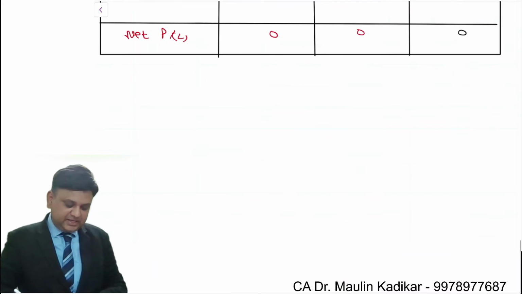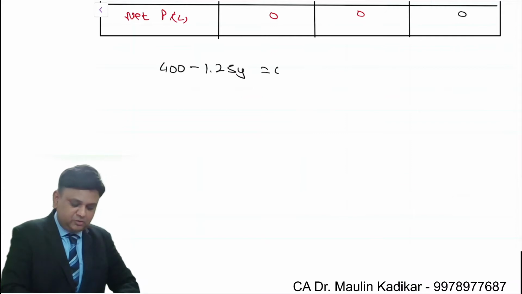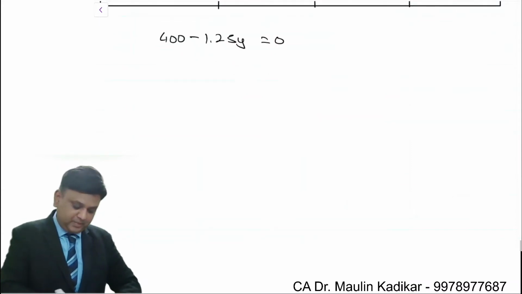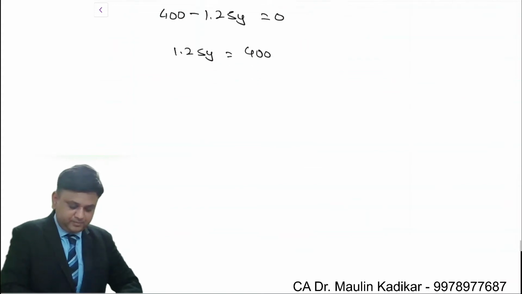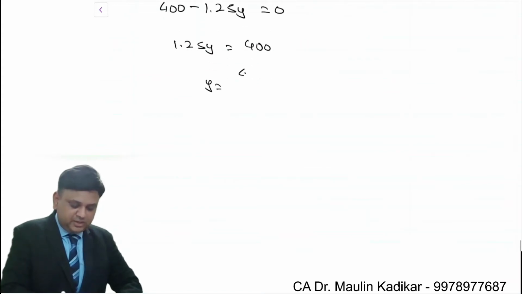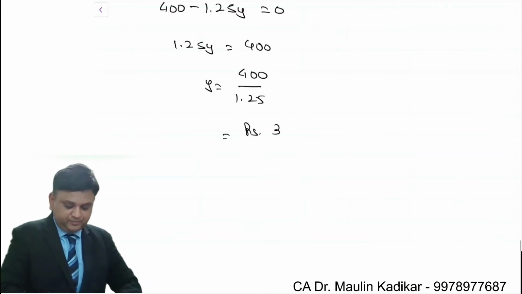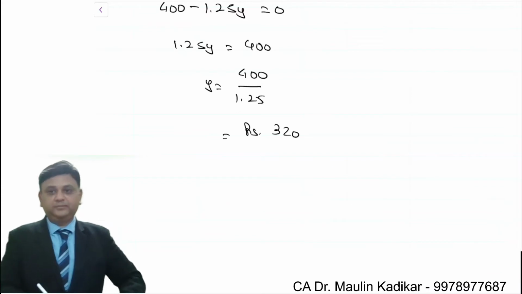So now we understand that 400 minus 1.25y is equal to 0. So 1.25y is equal to 400. So y is equal to 400 divided by 1.25. That comes to 320.